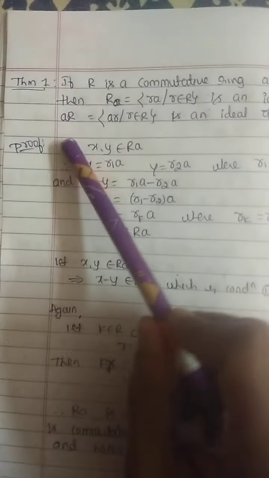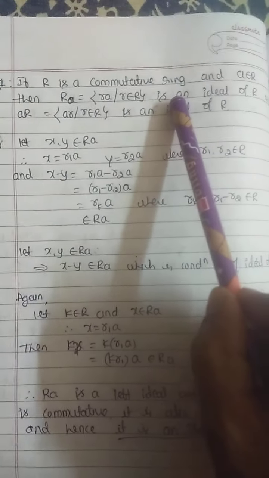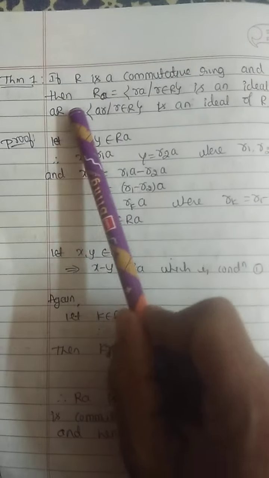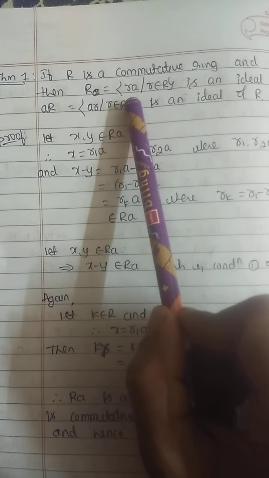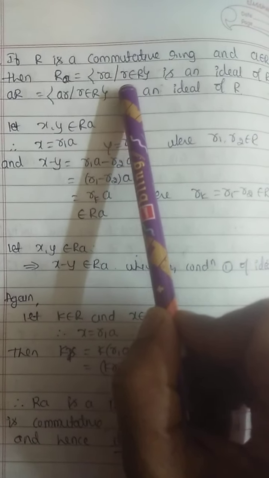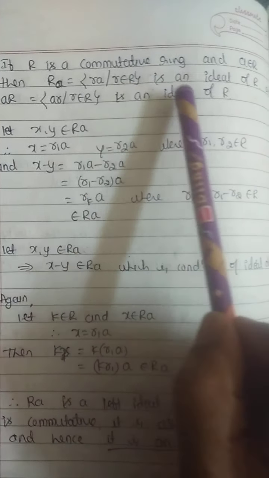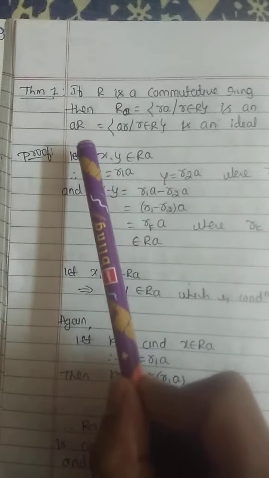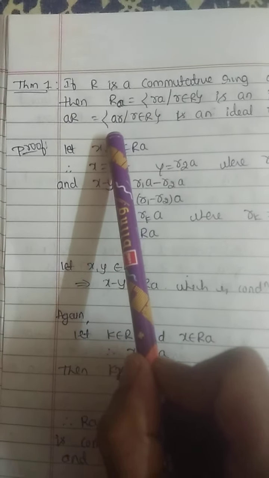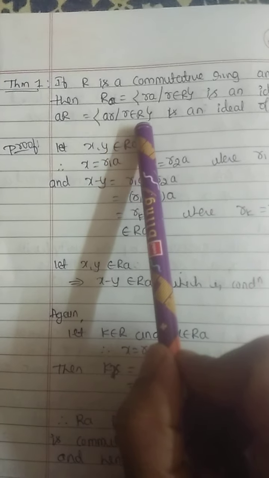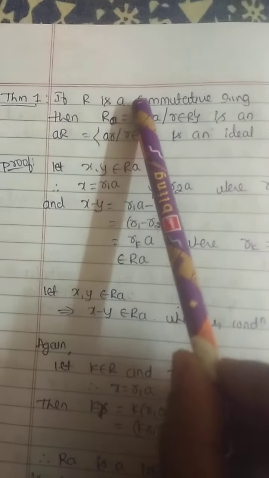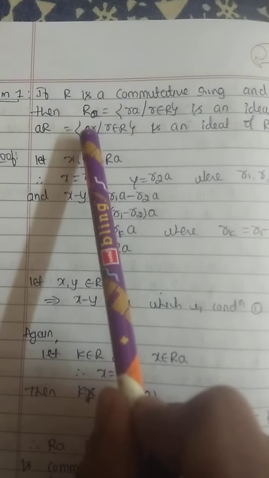Theorem number 1. If R is a commutative ring and a belongs to R, then Ra equals the set of ra such that r belongs to R is an ideal of R, and aR equals the set of ar such that r belongs to R is an ideal of R. Here R is a commutative ring and two sets are given.